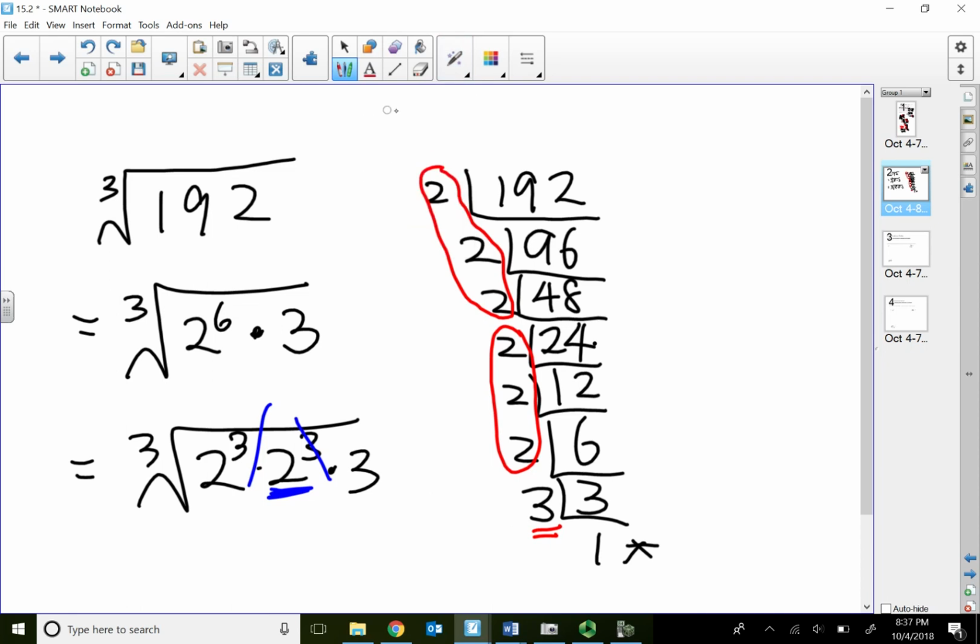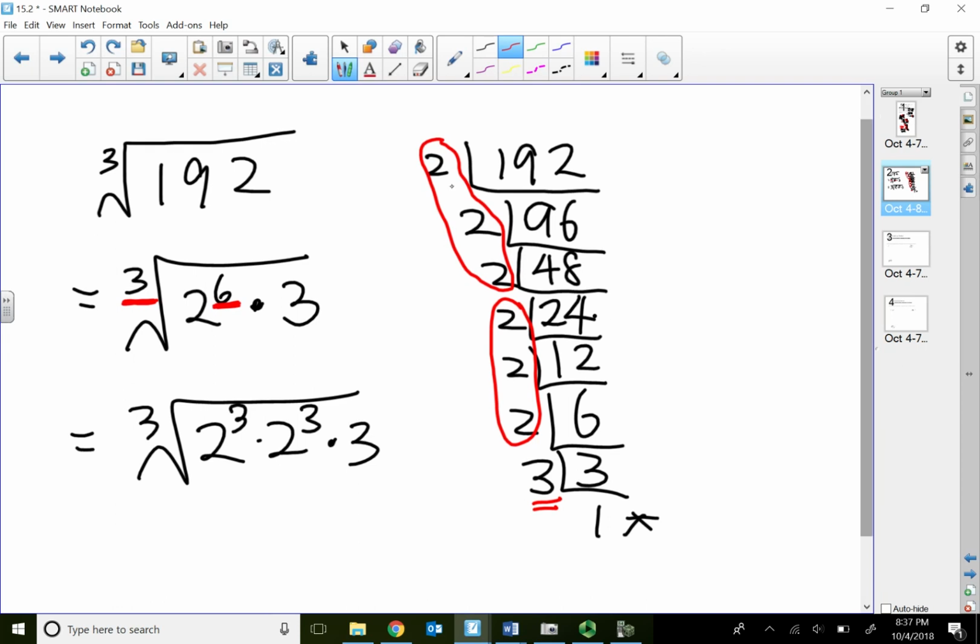Another way of looking at this is thinking about the exponent on the inside and the root on the outside. You already see there are two groups of 2's with 3 of them in each group.